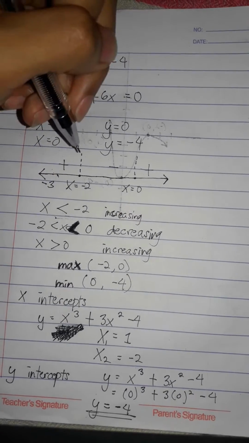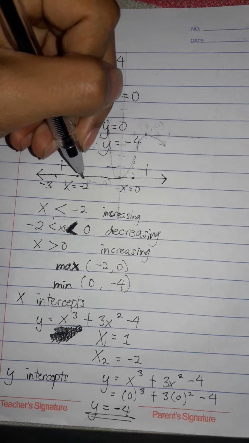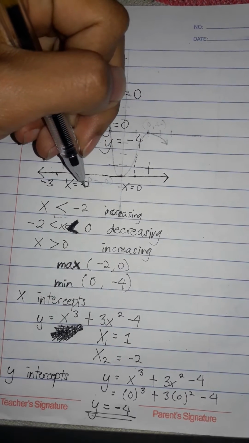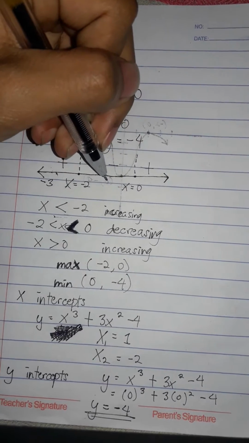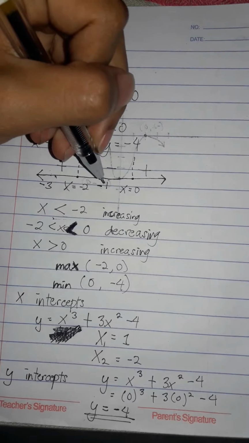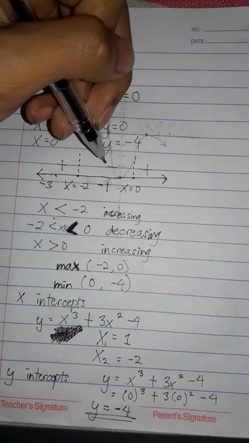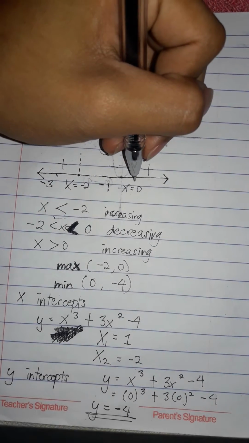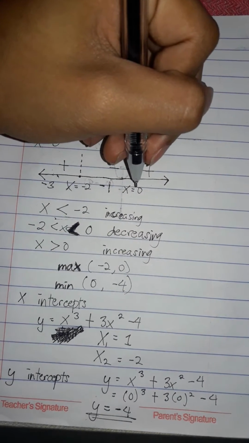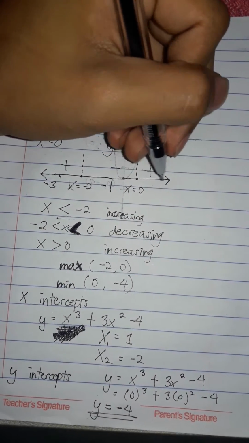And in here, we're gonna choose a number which is more than negative 2 but less than 0. So what we would have here is negative 1. And then we're gonna choose a number here that is more than 0.